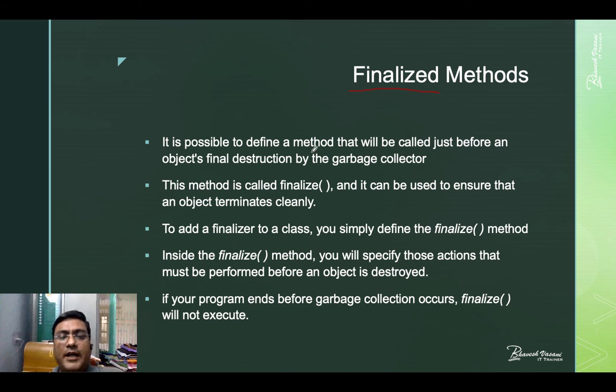It is possible to define a method that will be called just before an object's final destruction by the garbage collector. Whenever the garbage collector accesses an object of a particular class to destroy it, the finalize method will be executed. This method is called finalize, and it can be used to ensure that an object terminates cleanly. To add a finalizer to a class, you simply define the finalize method.